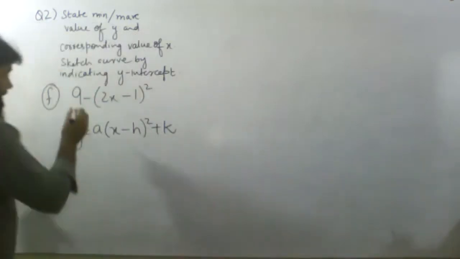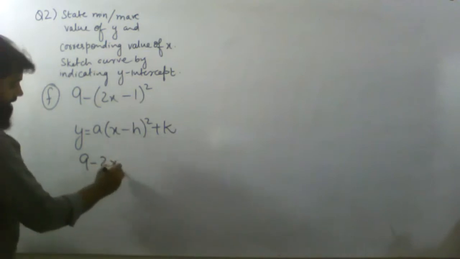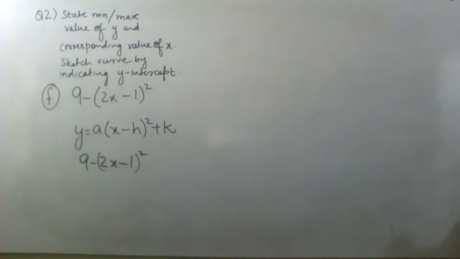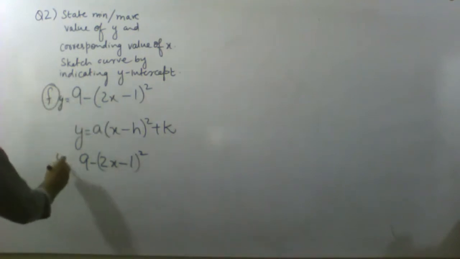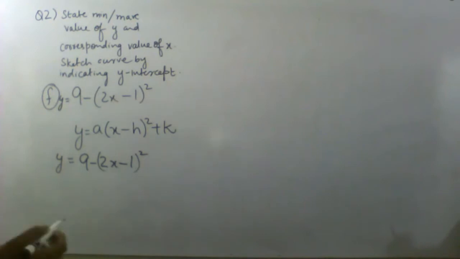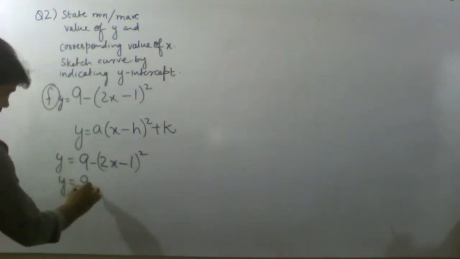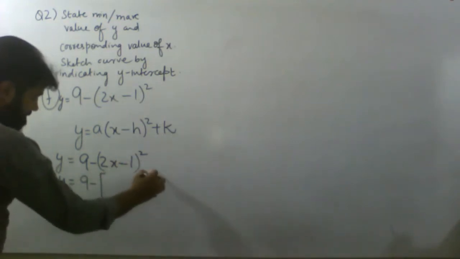So what will I do? This is my question: 9 minus 2x minus 1 whole square. Now, in order to make my coefficient of x as 1, this is the bracket which is having a square.